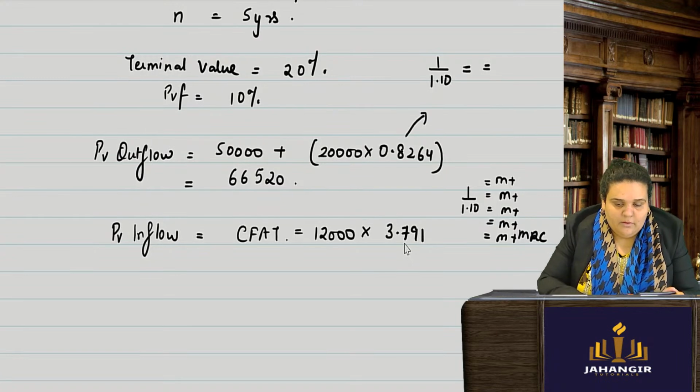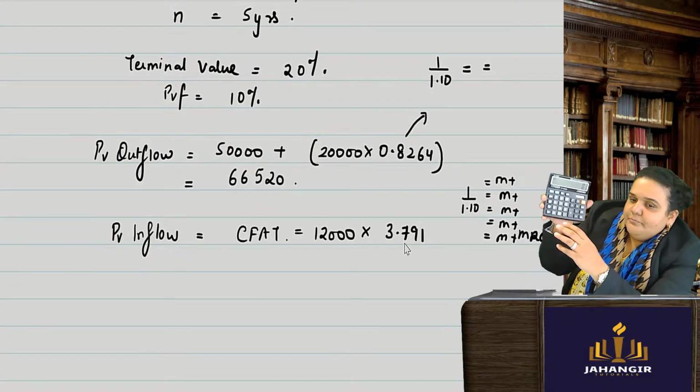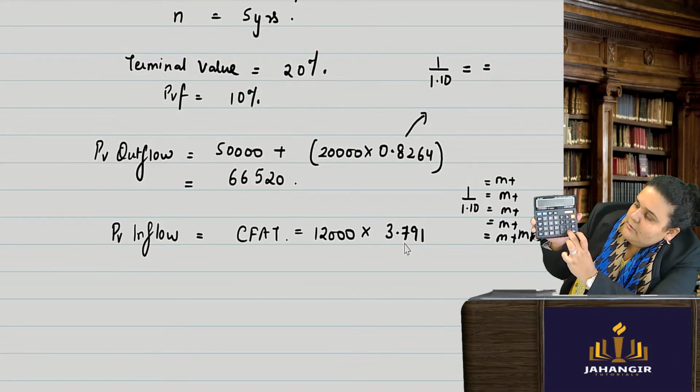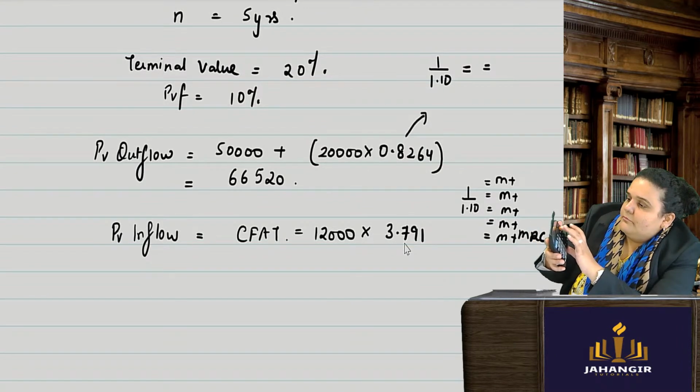Okay. I am doing this 1 divided by 1.10 is equal to, M plus, 2 times, M plus, 3 times, M plus, 4 times, M plus, 5 times, MRC. Sorry.